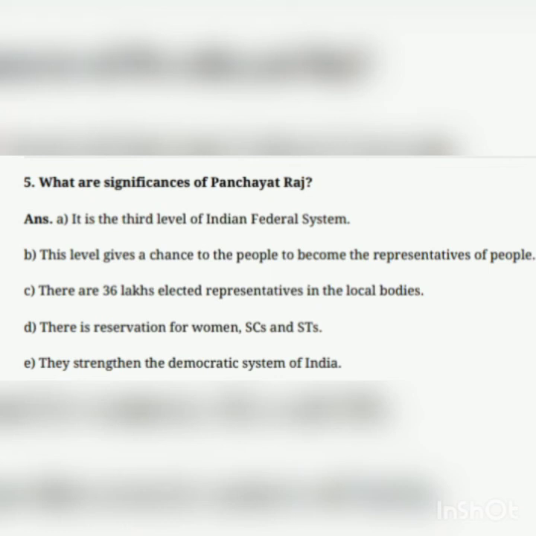This level gives a chance to the people to become representatives of the people. Local people will be given sufficient importance under this system. There are totally 36 lakh elected representatives in the local bodies.